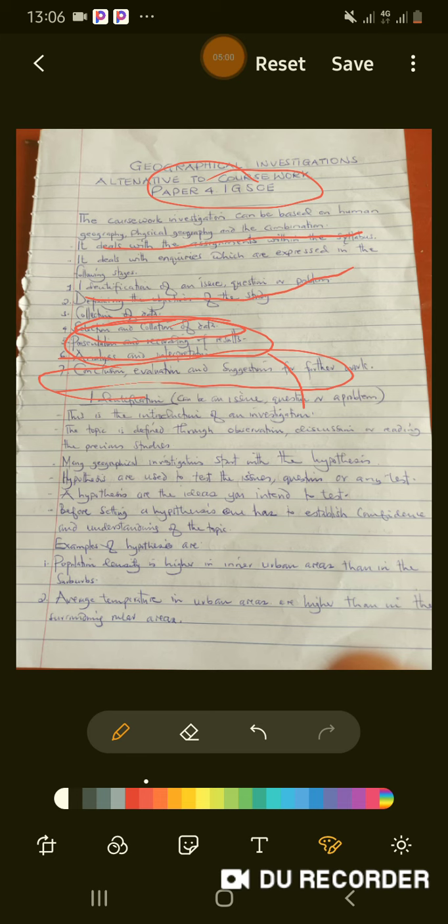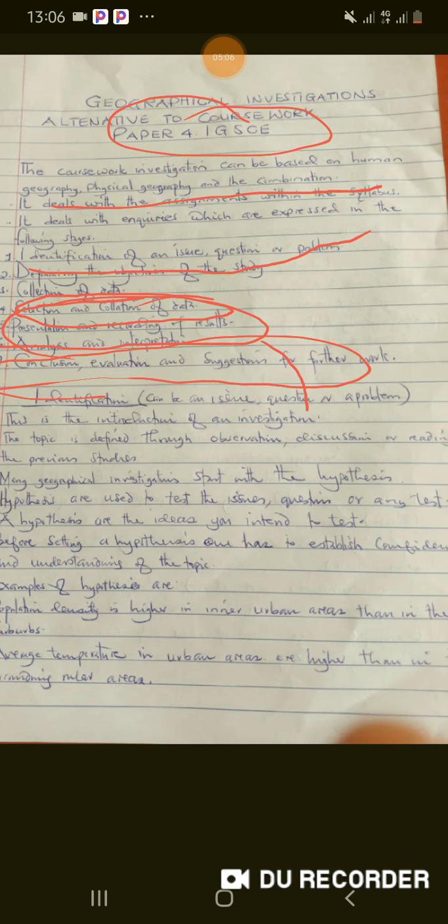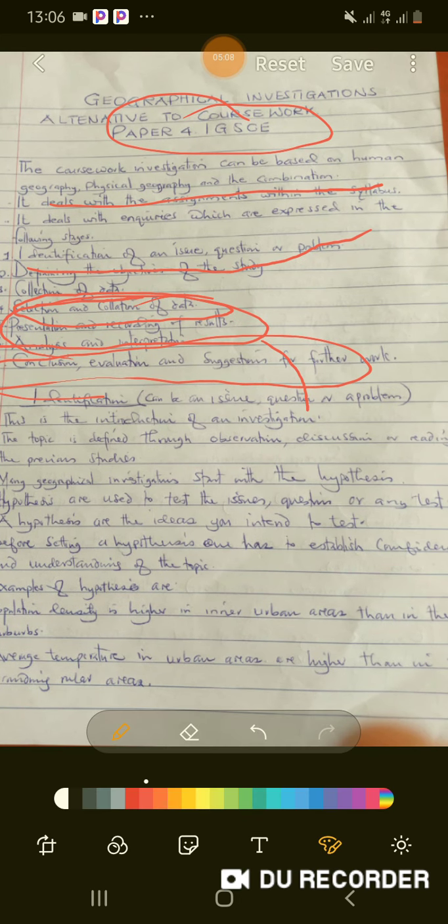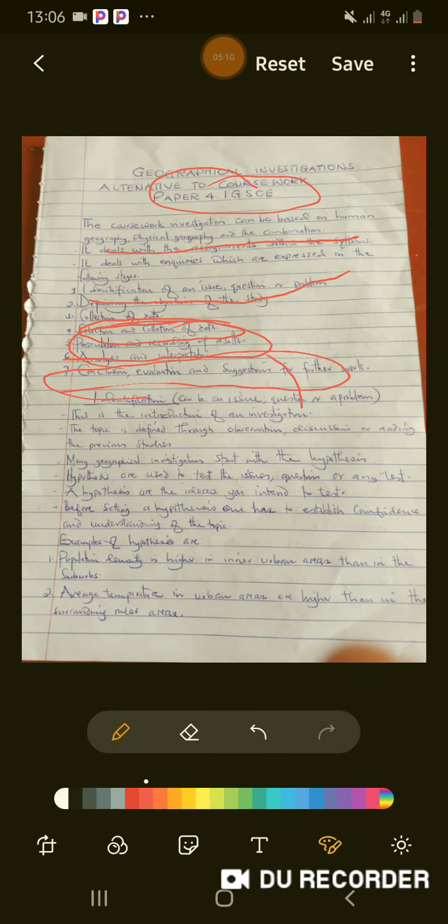At the same time, many geographical investigations start with a hypothesis. Most of the geographical investigations start with a hypothesis, a problem, an area which you need to investigate. That area, that problem which has brought your attention for you to investigate, is called a hypothesis.